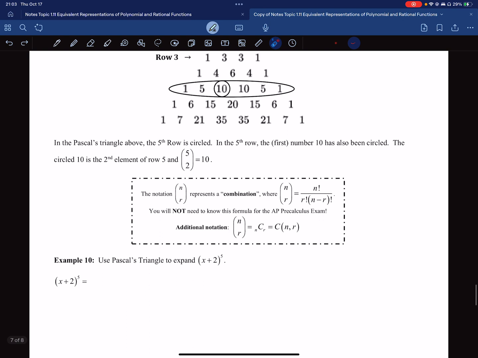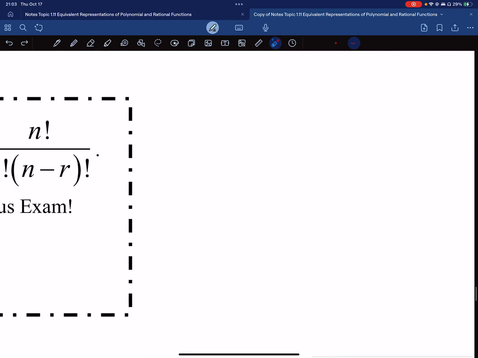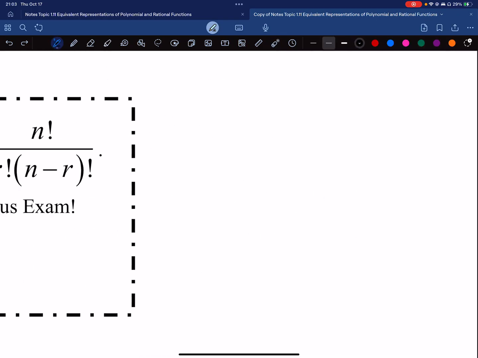Okay. The notation represents a combination where n over r equals this notation right here. So this is n factorial divided by r factorial times n minus r factorial. And something about factorials, we're not going to get much into them, but if we had 5 factorial, all that means is you're taking 5 times 4 times 3 times 2 times 1, and you would multiply that out.